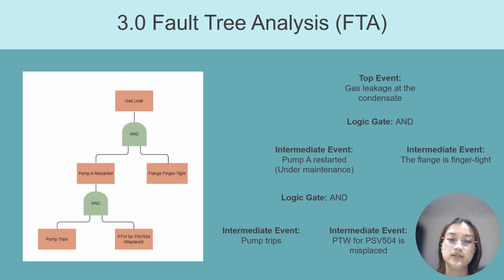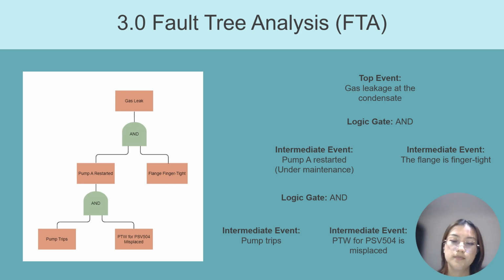For fault tree analysis, FTA, the top event is gas leakage at the condensate, and the intermediate events are pump A restarted when it is still under maintenance, and the flange is finger type. Both of these events are connected by the logic gate AND.